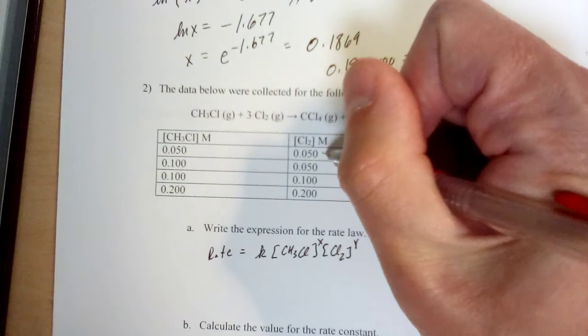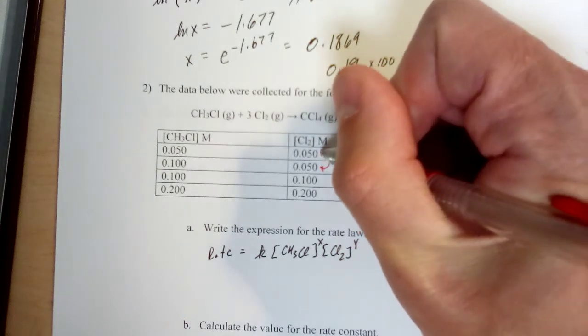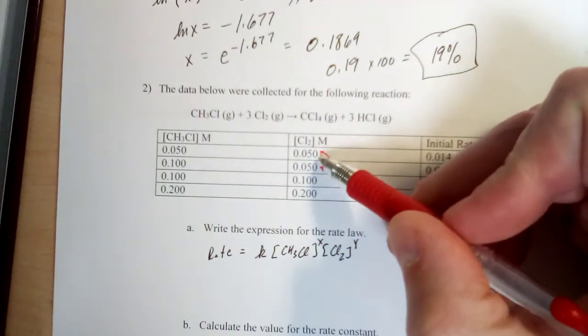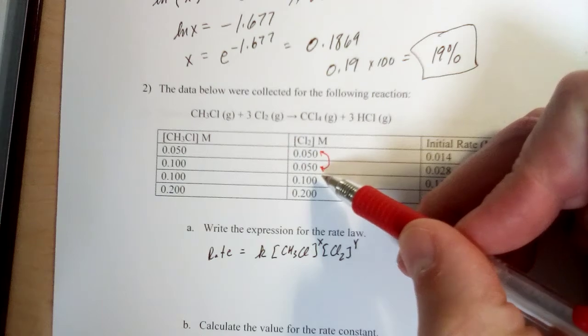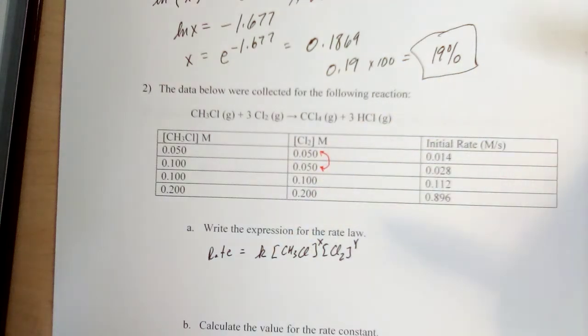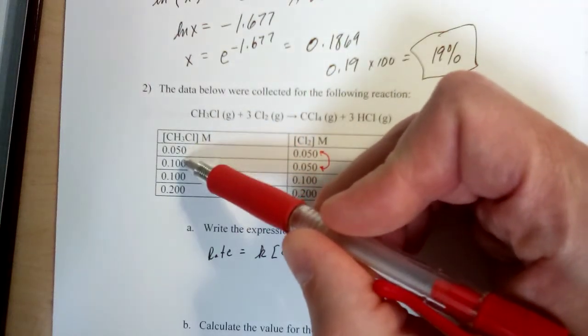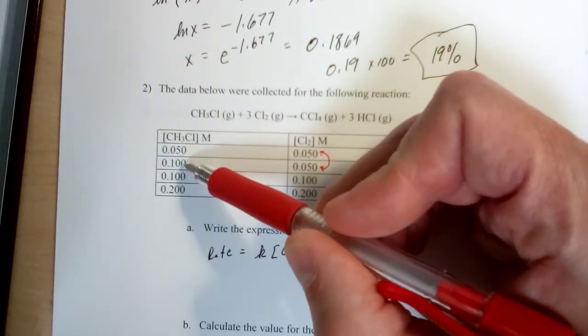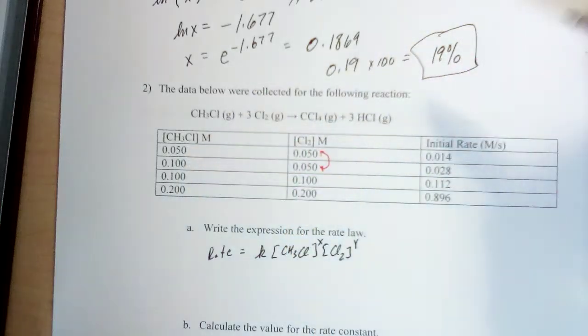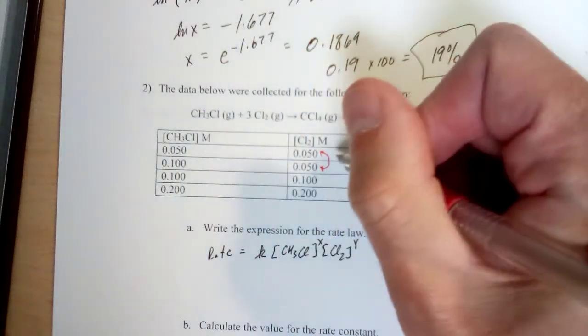If I just look at the first two here, chlorine is not changing between experiment 1 and experiment 2 in the table. That's good, because if I know that chlorine stays the same, that allows me to focus in on how the other reactant, the methyl chloride, affects the rate. So chlorine was the same there from 1 to 2.